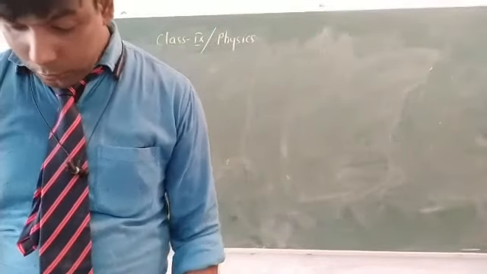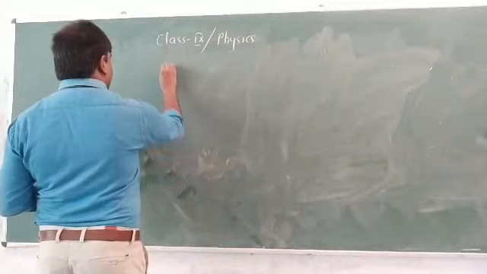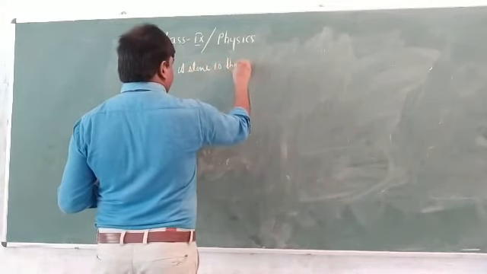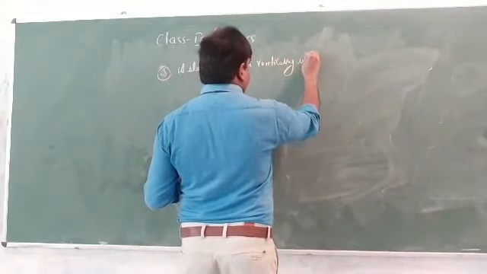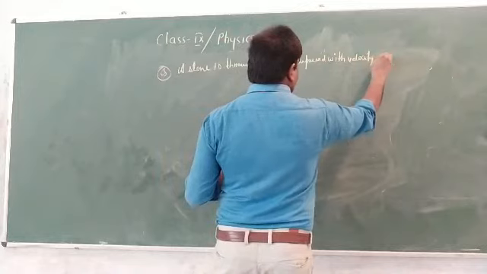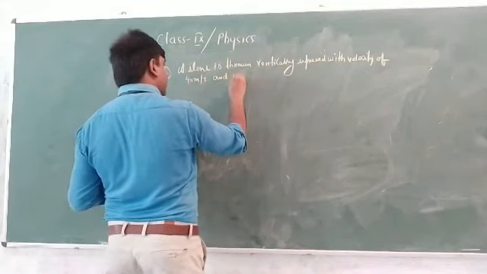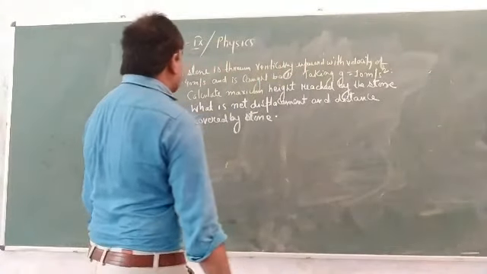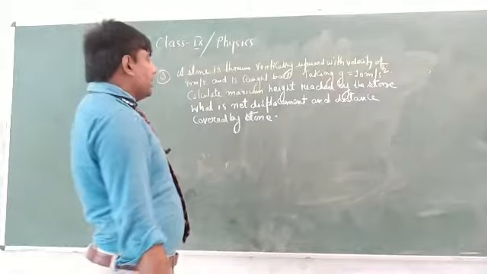Next question. Yes. The next question is: a stone is thrown vertically upward with a velocity of 40 meter per second and is caught back, taking g equal to 10 meter per second square.